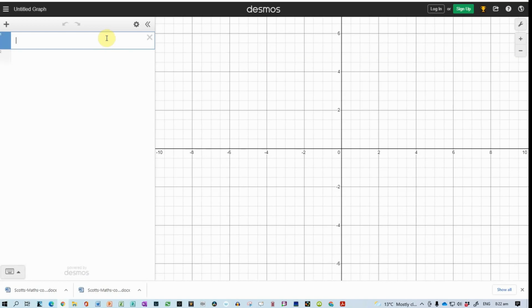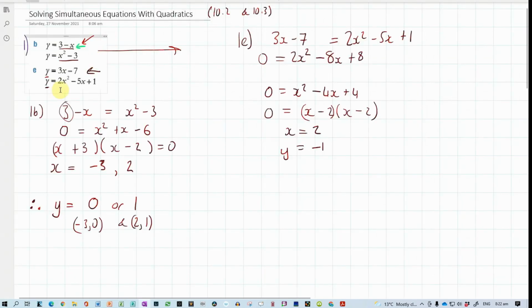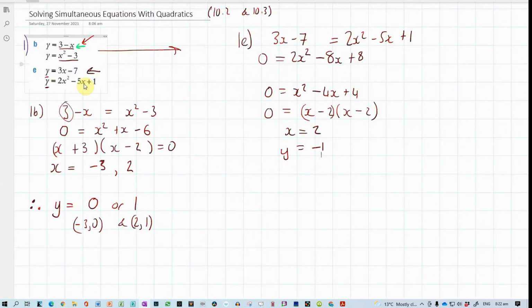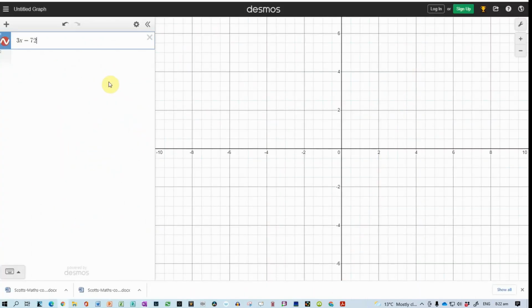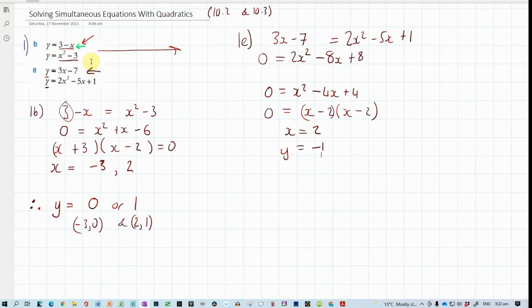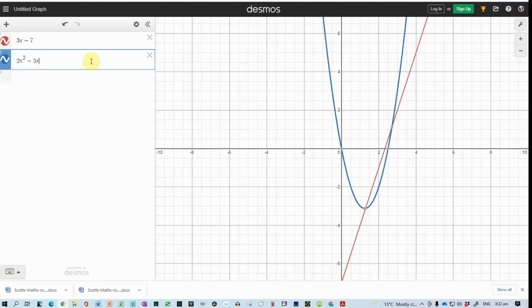Okay, so I'm going to plug in those two equations: 3x minus 7, and then the other one is 2x squared minus 5x plus 1.